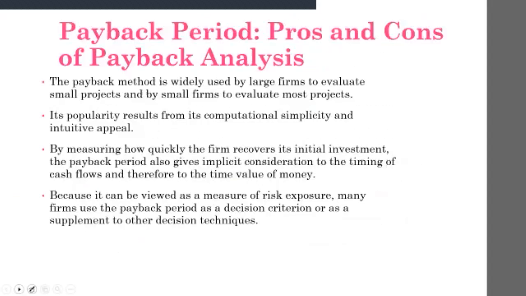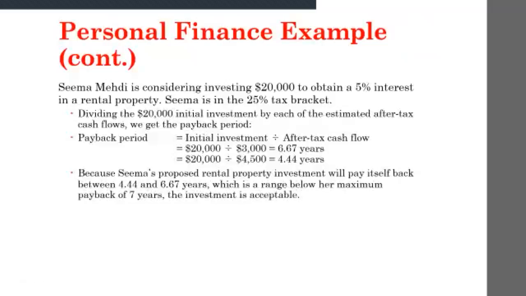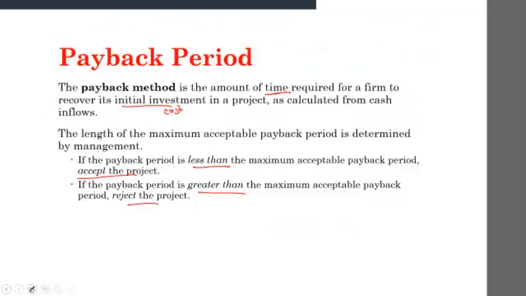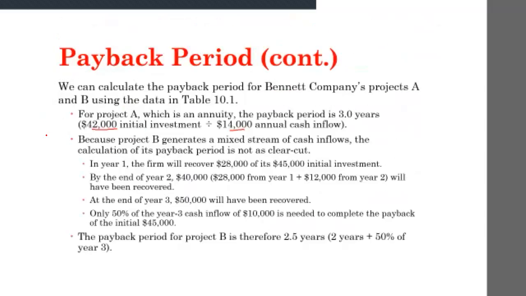What about Project B? How long will it take? Because Project B generates a mixed stream of cash flow, the calculation of its payback period is not as clear-cut. In year 1, the firm will recover $28,000. On the table, we see that.